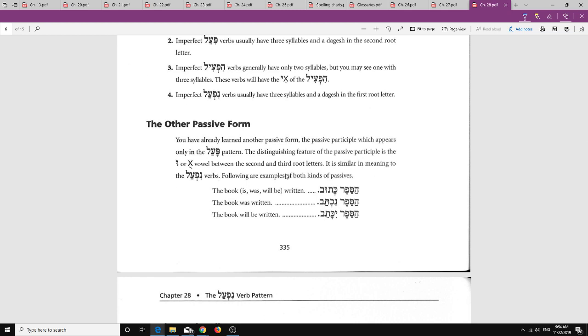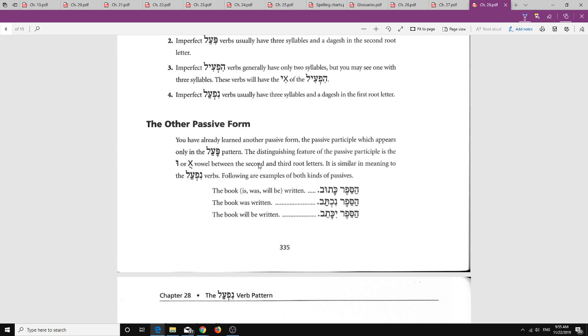Let's talk about one other passive form you have learned, and that is the pa'al passive participle, right? If you remember, the passive participle in the pa'al has an oo sound between the second and third root letters, and that's how we know it's a passive participle in the pa'al.